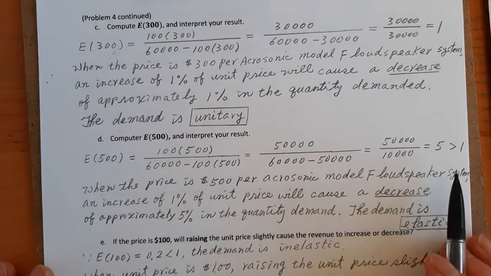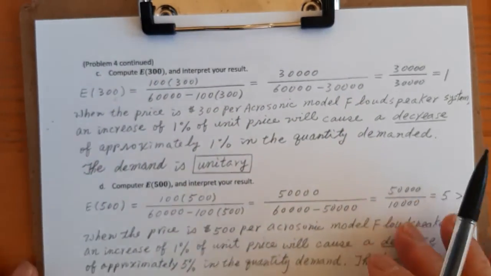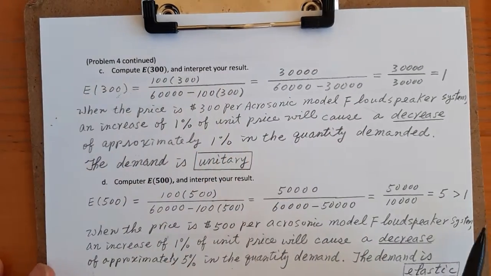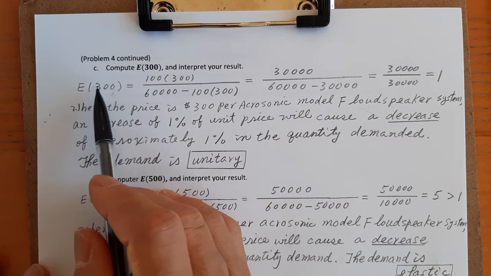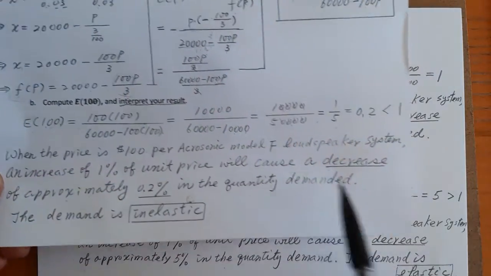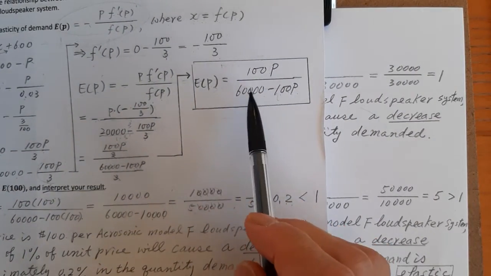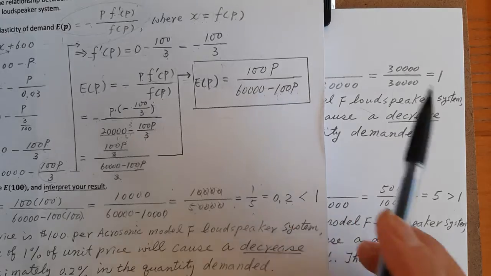Then another one, part C. Compute E of 300 and interpret your result. So for E of 300, we found E of p is 100p over 60,000 minus 100p.